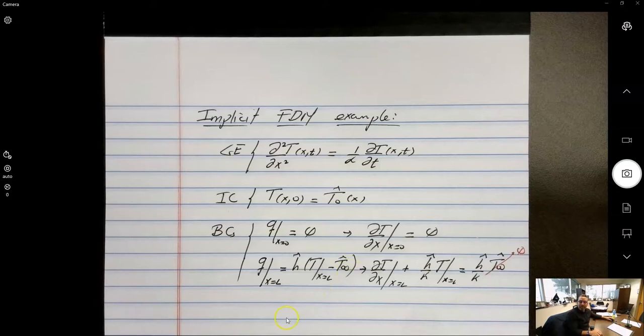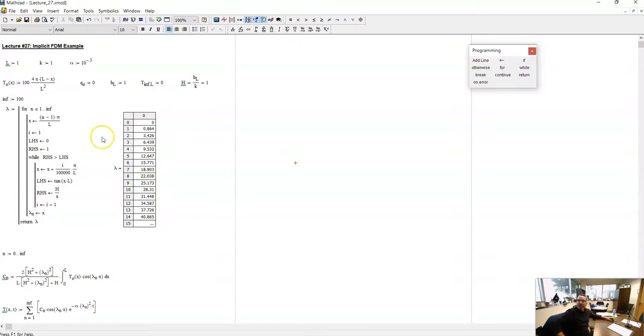So let's go to MathCAD. I've already done that for you. So the implicit FDM example, we're going to set L as 1. In SI units, that will be 1 meter. K, we're going to set as 1. And in SI units, that would be watts per meter Kelvin. And diffusivity alpha is going to be 10 to the minus 3. That will be meters squared per second.